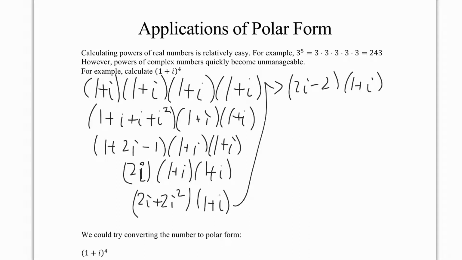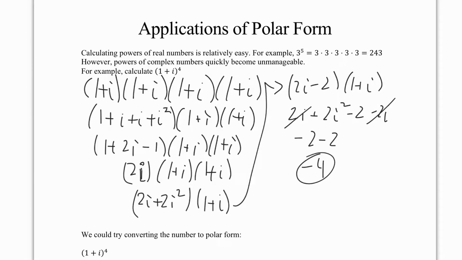And then if I FOIL this out, I'll get 2i plus 2i squared minus 2i. Okay, well, it looks like the 2i's cancel, thank goodness. And so I'll have a negative 2 subtract 2, so negative 4.